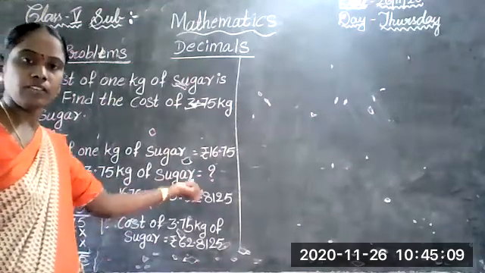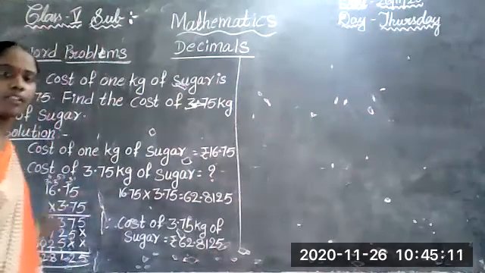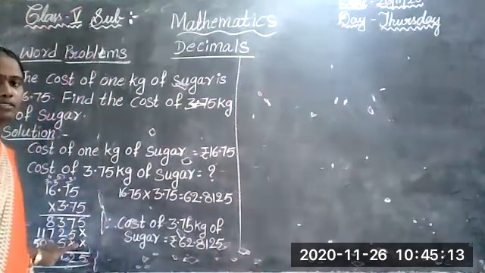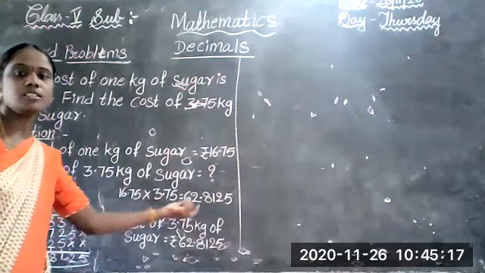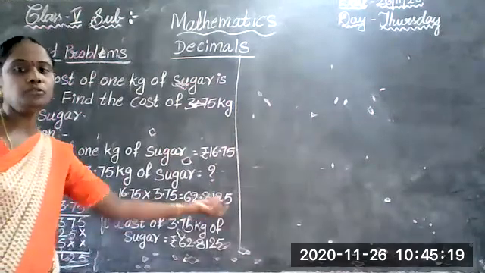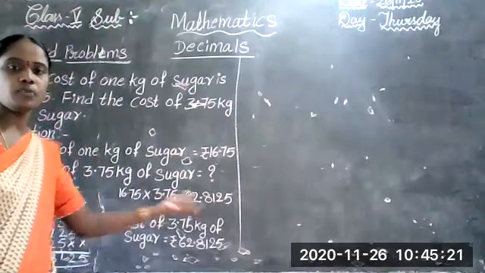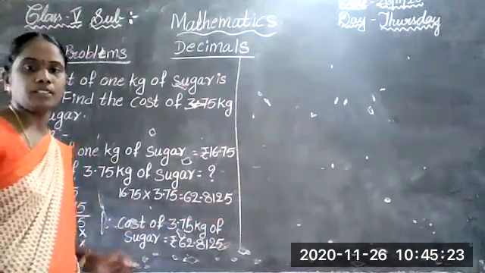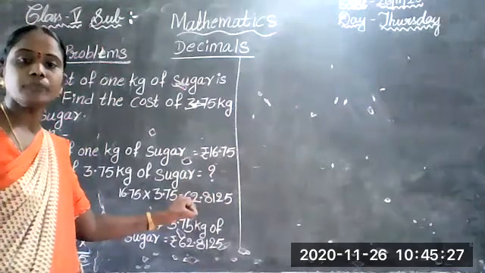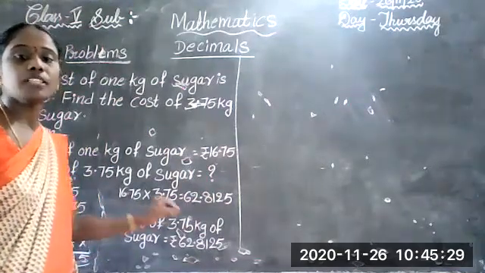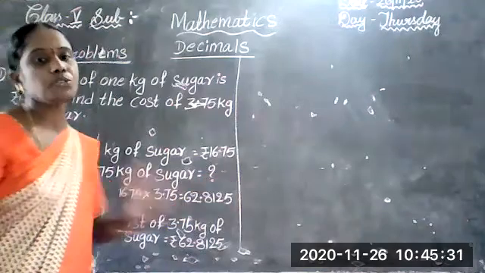How can we find out? With multiplication. What is the answer? 62.8125.